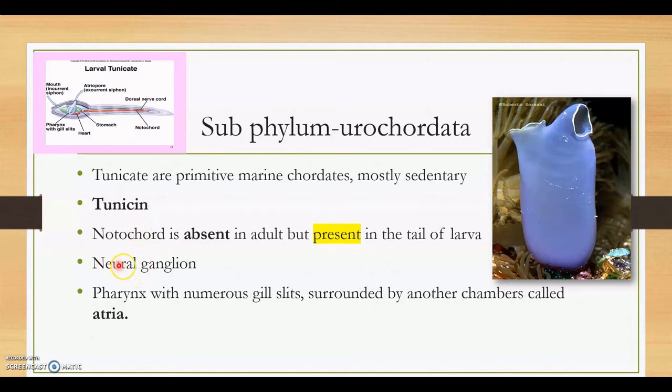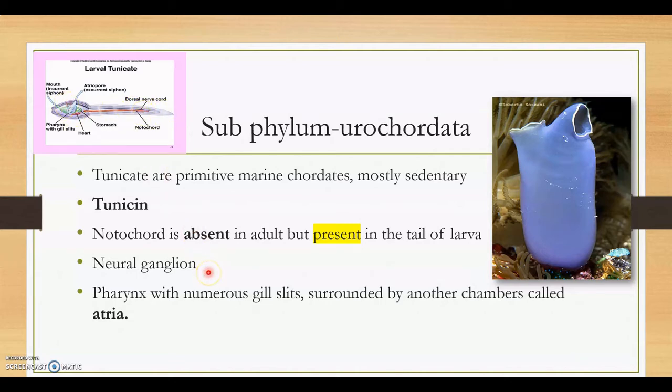There is a neural ganglion. In the larval stages, there is a well-developed nervous system. A dorsal tubular nerve cord is there, just above the notochord. You can see a blue line here. This extends from the head to the tail regions.